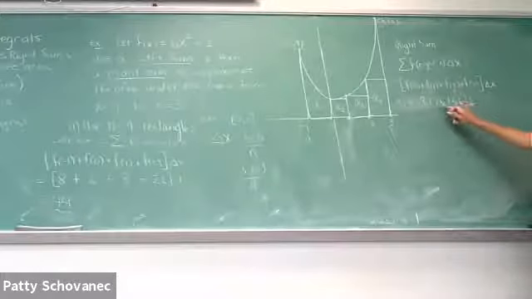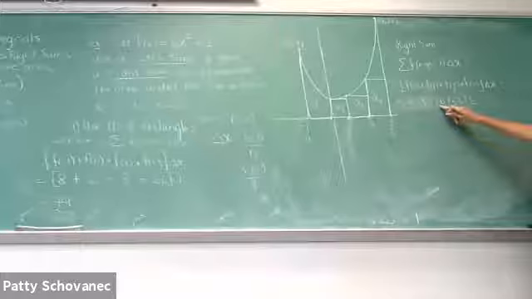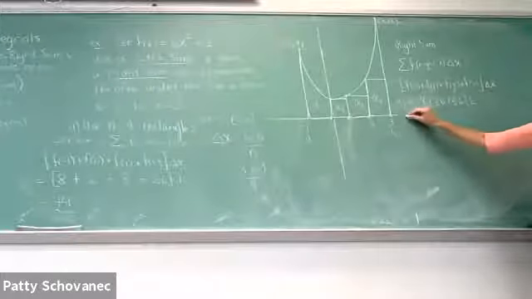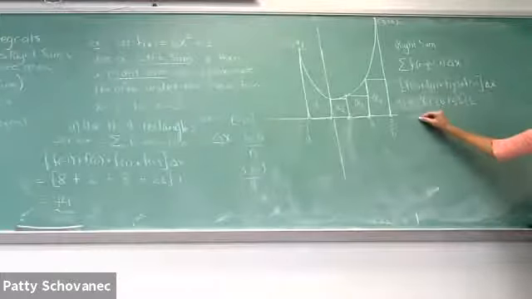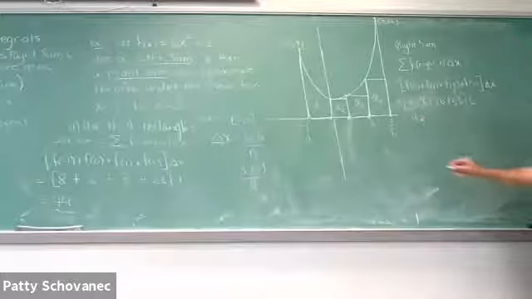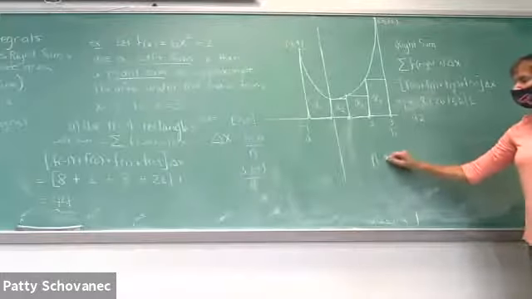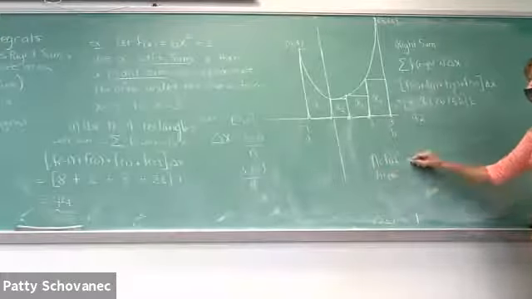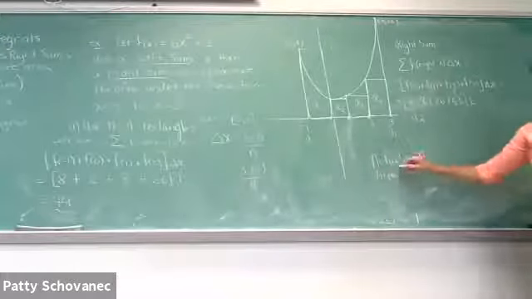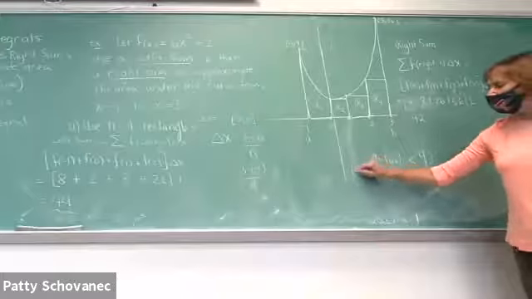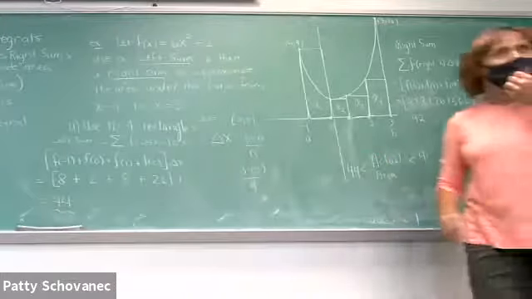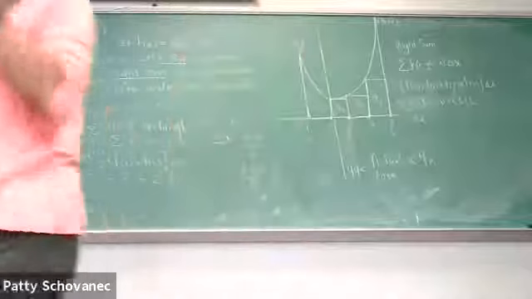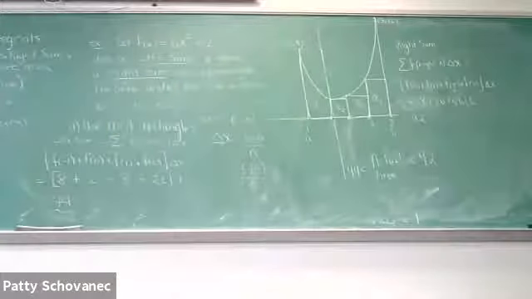So let's see, 56 plus 26 is 82. 82 plus 10 is 92, times 1 is 92. So our idea is that the actual area is some number between 92 and 44. That's a pretty big gap. So I'm thinking I could do better if I put 8 rectangles in here.